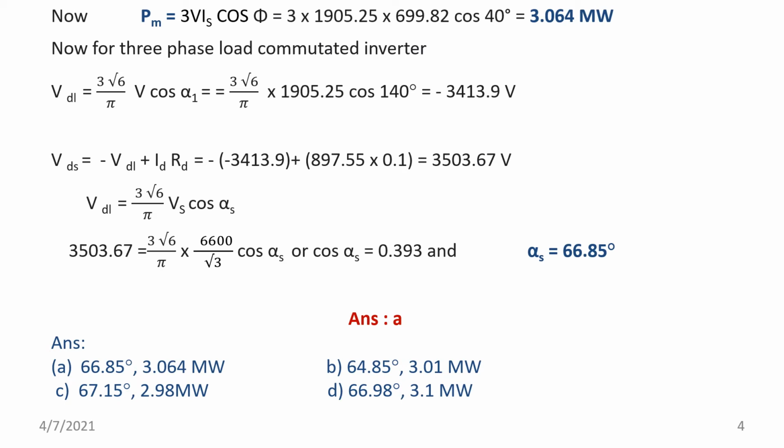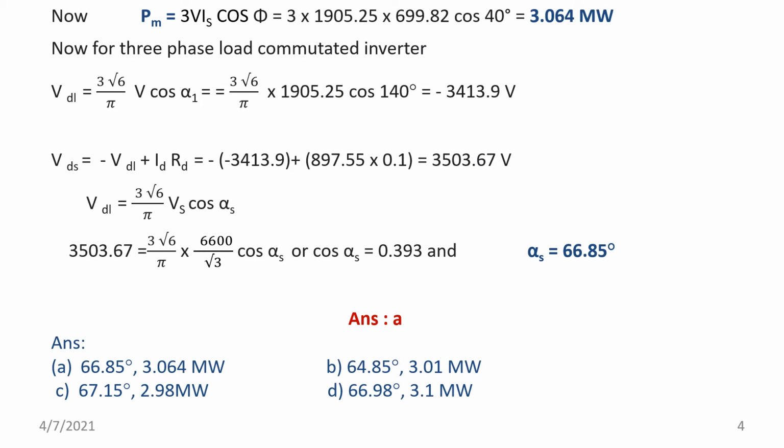For that I have taken V_D on the load commutated inverter side, which is equal to 3 root 6 divided by pi into V into cos alpha 1. I substituted all the values: 3 root 6 by pi, V as 1905.25, cos of 140 degree. If I simplify, my answer is minus 3413.9 volt.